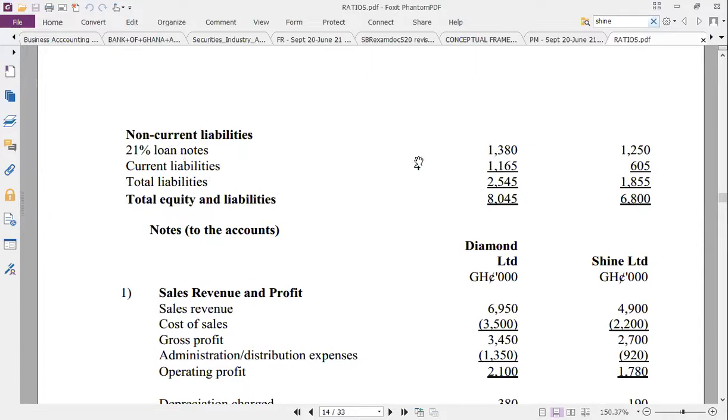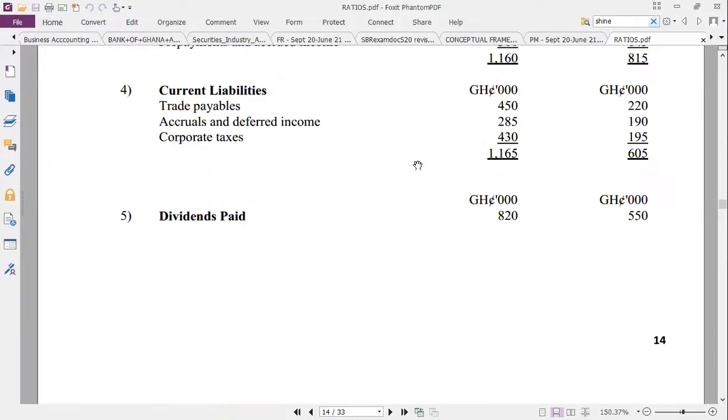Current liabilities, note 4. So let's go to note 4. Current liabilities, trade payables, that's what we need. Accrued and deferred income, corporate tax, we don't need these two. We only need the trade payable. So take note that we need trade payable. Dividend is here. We need a dividend.